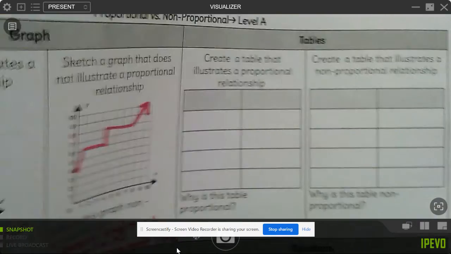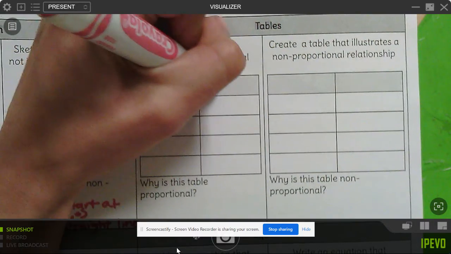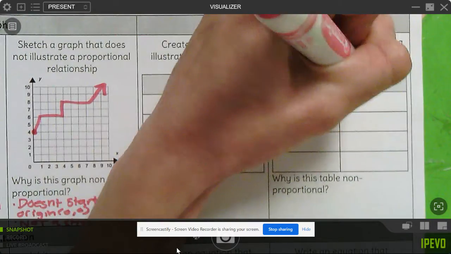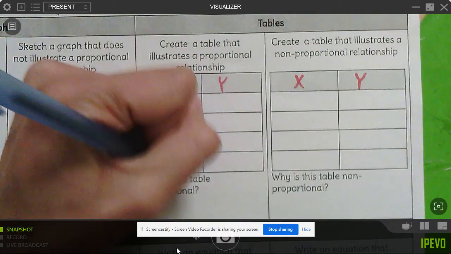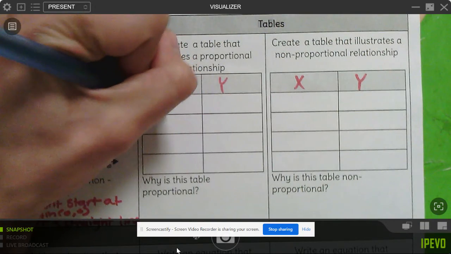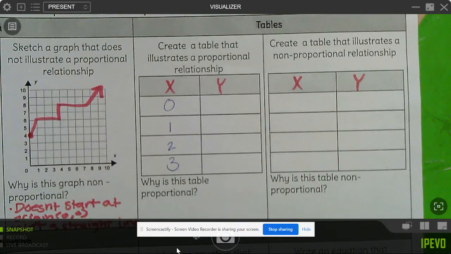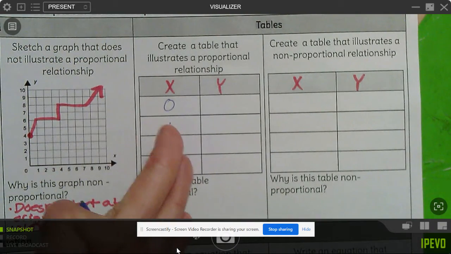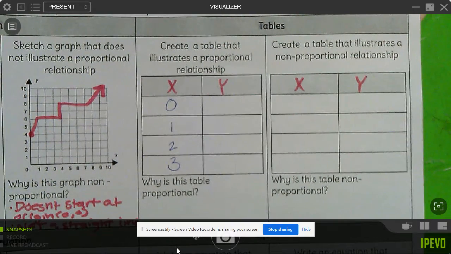Okay, so with our tables, we want to go ahead and have x and y. Okay, so I'm just going to choose any numbers for x. To make it easy, I'm going to do 1, 2, and 3. Okay, so a proportional relationship happens when you are multiplying by the same number every time, or you have a constant of proportionality.